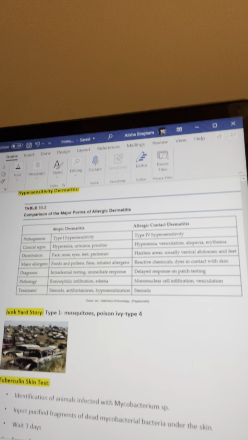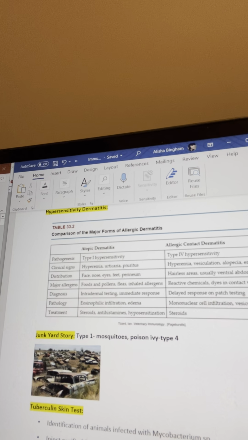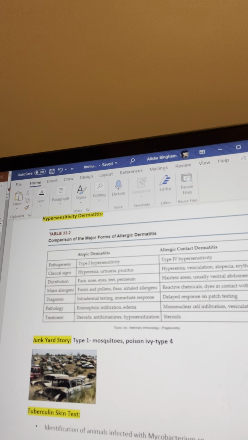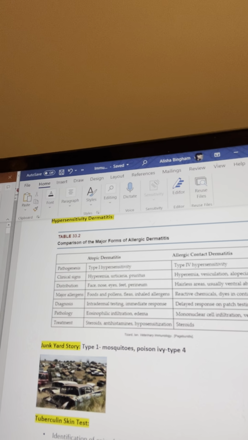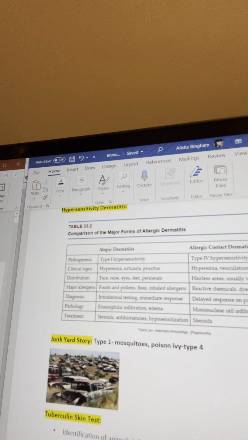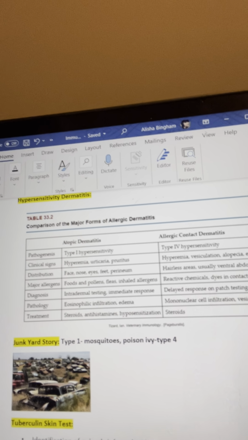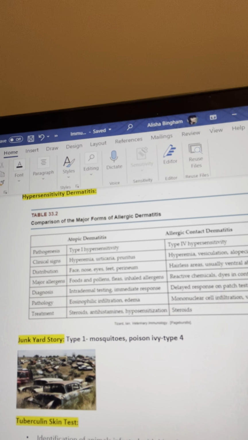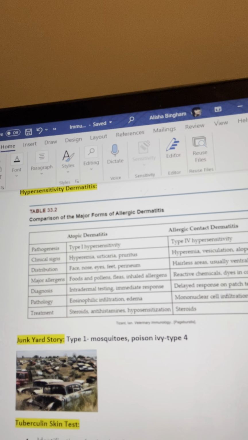So here's a chart that we went through. On this side we have atopic dermatitis, which is a type 1 hypersensitivity, and then we reversed it to allergic contact dermatitis, which has to do with type 4 hypersensitivity. So the clinical signs for atopic dermatitis, the type 1, are hyperemia, urticaria, and pruritus.